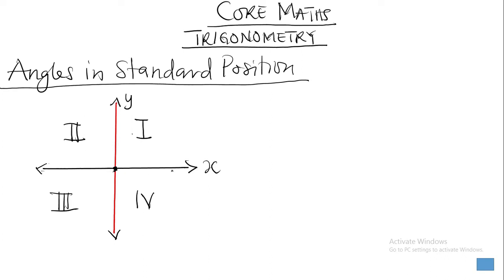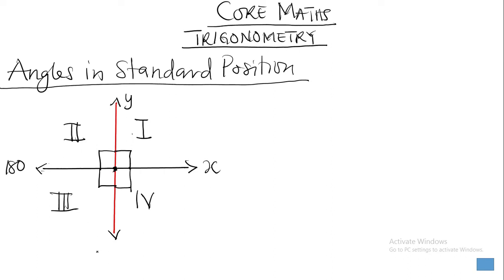Now you realize that this y-axis and this x-axis are perpendicular, so there is an angle formed between them. That angle is 90 degrees. So the measure of the angle of a quadrant is 90 degrees. This is also 90, this is also 90, and this is also 90. From here to here is 90 degrees, this one is also 90, so this place will be 180 degrees.